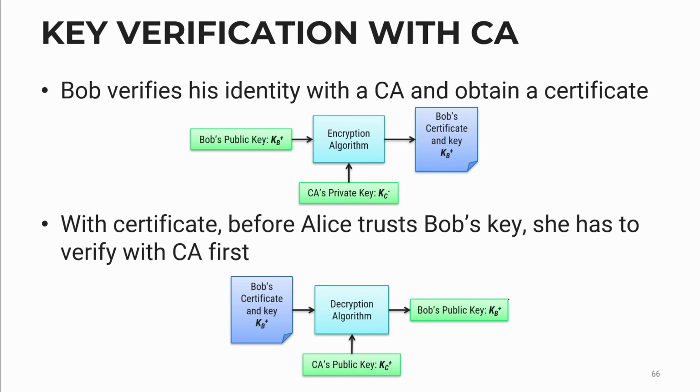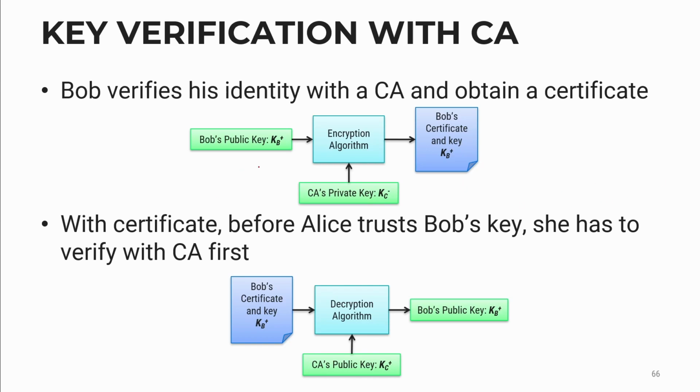And this is how a CA works. First, Bob has to verify his identity with a CA to obtain a certificate. The process is like this. Bob generates a key pair, private and public keys, all right?